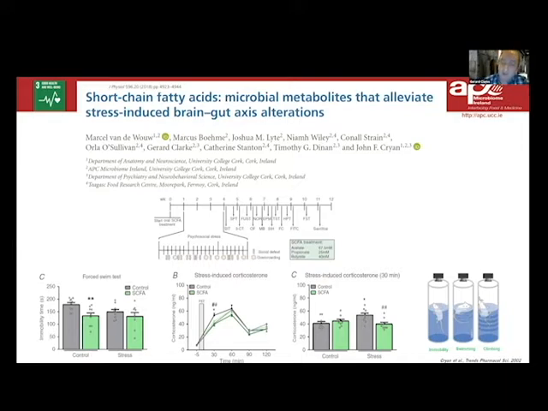And what I want to draw your attention to here is the fact that in addition to having a beneficial effect in the forced swim test, which is indicative of an antidepressant effect, the short-chain fatty acid administration was able to blunt stress-induced corticosteroid production during the forced swim test, and you can see that here highlighted in the arrows.